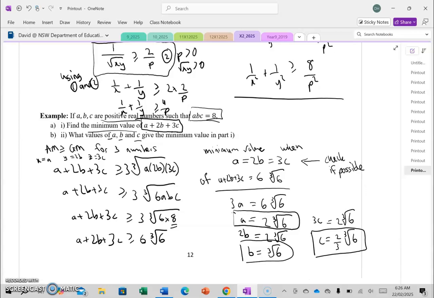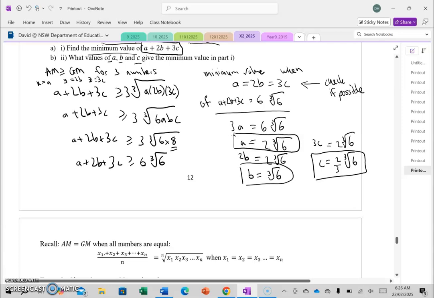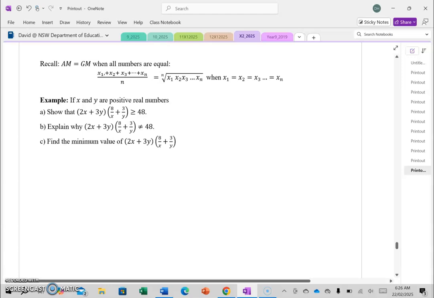So you can use AM-GM to work out some minimum values and also maximum values. Now let's have a look at another example. This one's an interesting one. I like this one. It's a bit different. Got to think carefully for this one. If x and y are positive real numbers, show that, and then we got an expression.